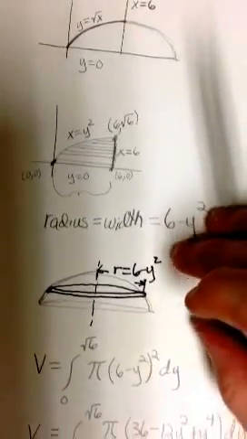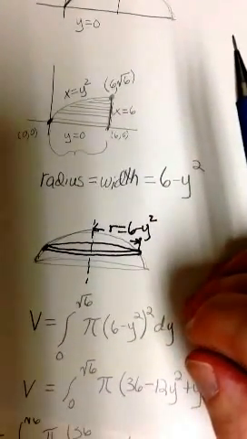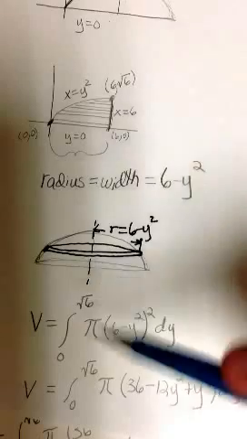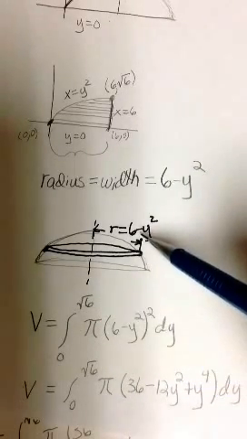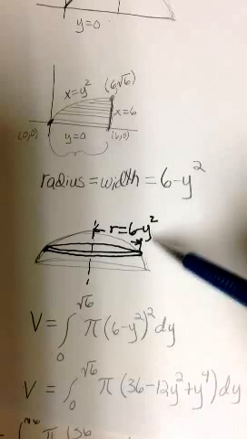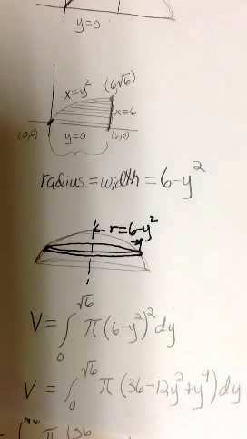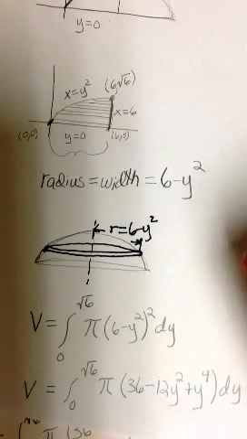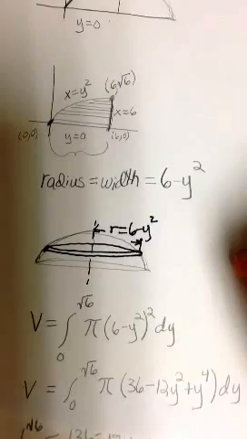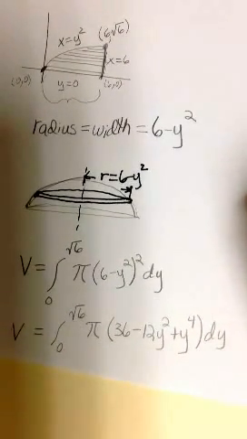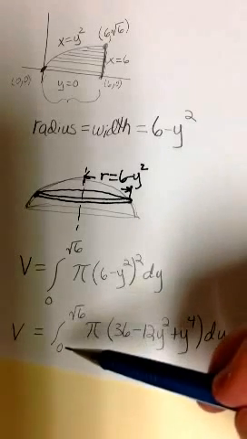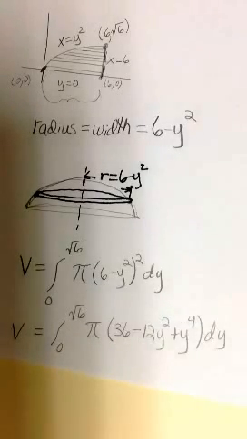So for the volume, in looking at the use of integration about y and using the method of disks, we now have the volume going from 0 to the square root of 6 for y. And we have pi times the square of the radius, which we have at 6 minus y squared, and this will be taken to the second degree. And as we follow through, the square of 6 minus y squared is going to be 36 minus 12y squared plus y to the fourth, and multiplied by pi, integrating from 0 to the square root of 6.